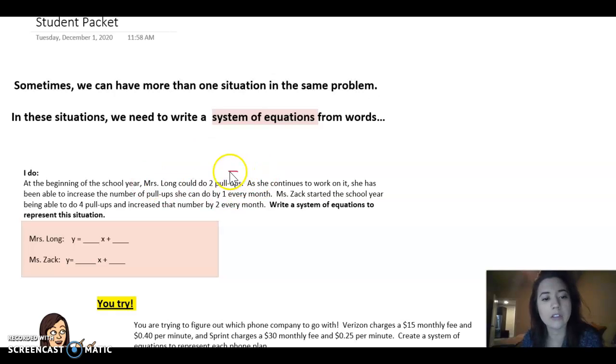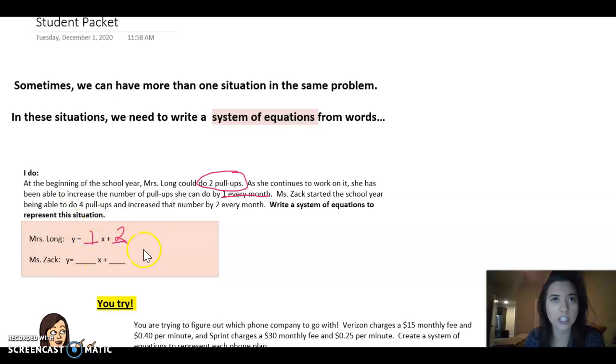So I can do 2 pull-ups to start. Remember that whatever our rate is goes next to the x. Our starting value goes over here. So I start at 2, so that goes here. And then I increase it by 1 every month. That is my rate. We put that next to the x.